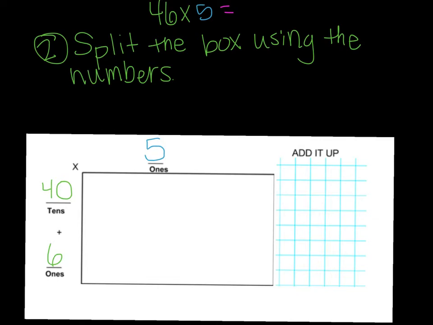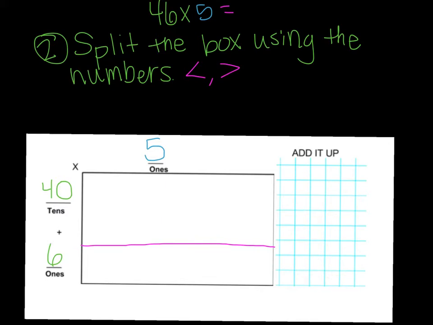And we're going to see which number is greater than and which number is less than. The number that's greater is going to get a larger size slice of the box. So in this case, we have 40 and 6. So our bigger number would be 40. So I'm going to draw a line that's going to split my box.